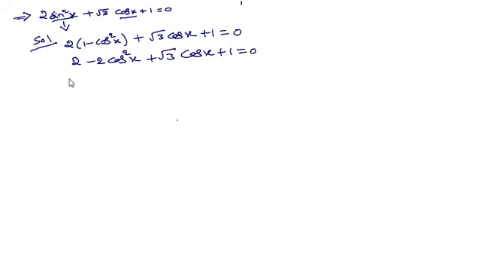So here finally it is 2 cos square x minus root 3 cos x minus 3. I have taken negative common, that you need to observe. So by the quadratic equation formula we can solve for cos x.